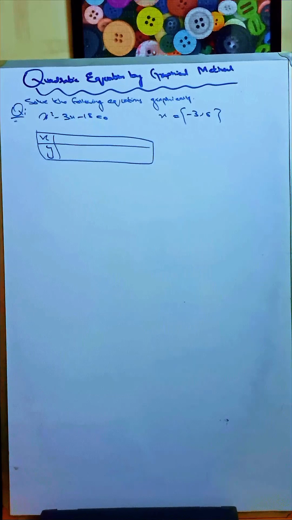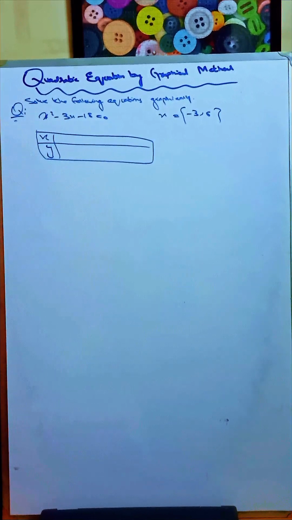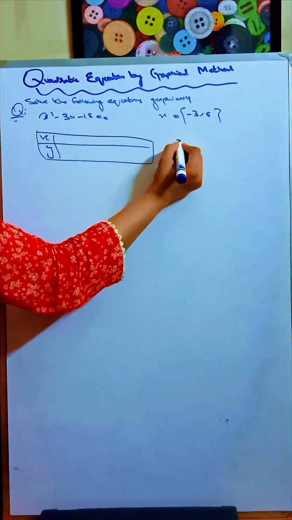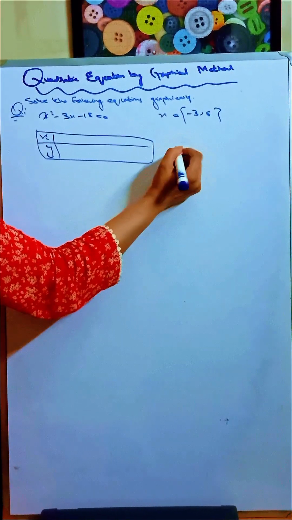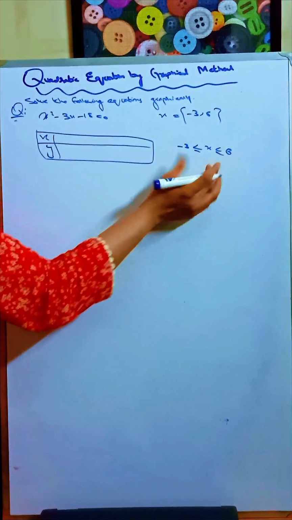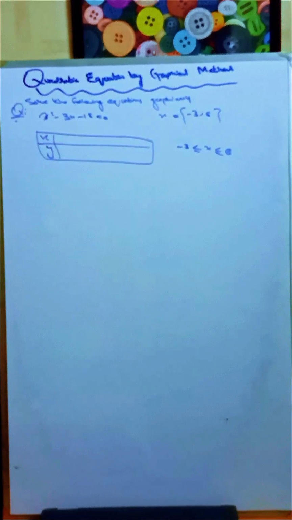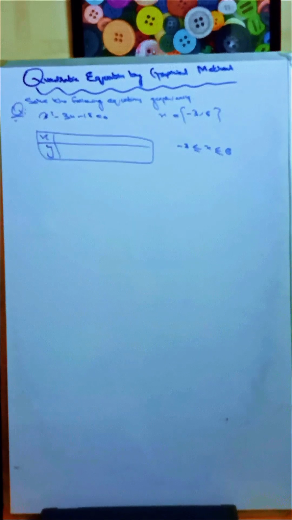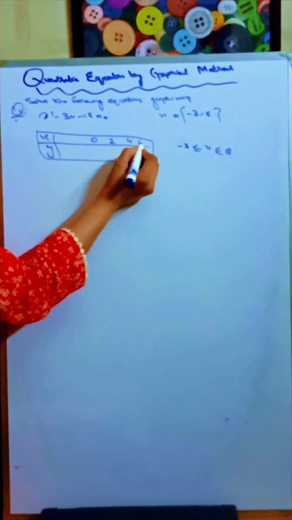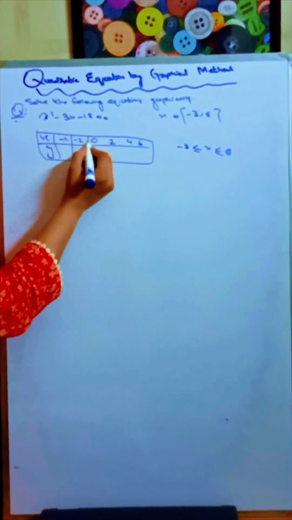Alright. Now, for these points, you need a range between minus 3 and 6. You have to show the graph between minus 3 and 6. For that purpose, I select here 0, 2, 4, 6, minus 2, minus 4.